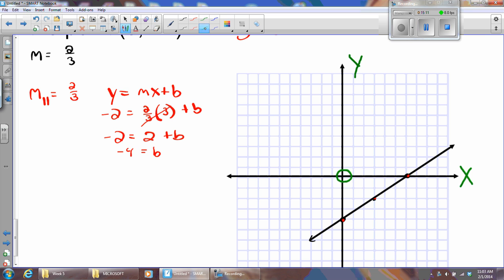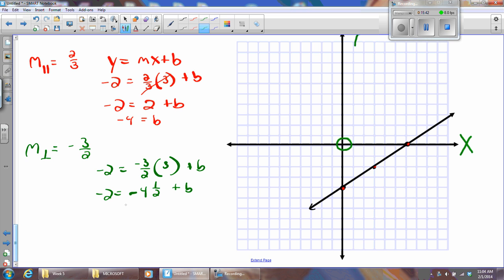All right, let's do the perpendicular one. This won't be the same line because the perpendicular slope is going to be -3/2. I'm going to substitute -2 in for y. -3/2 times 3 plus b. So I'm going to get -2, and that's going to equal -9/2, or -4.5, right? Plus b. So I'm going to add 4.5 to each side.